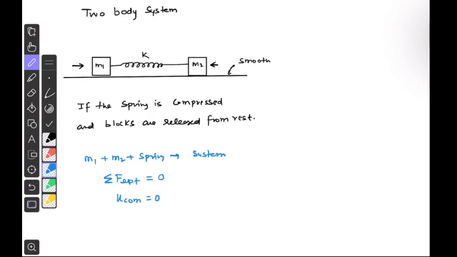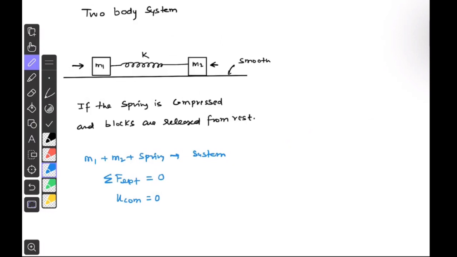M1 and M2 will move, but the center of the mass will not be moving at all. M1 and M2 will move in a manner so as to keep the center of the mass stationary. Both the blocks will undergo SHM about the center of the mass, and the time period of SHM I will tell you, then we will derive it again.